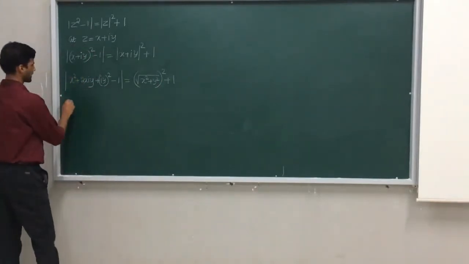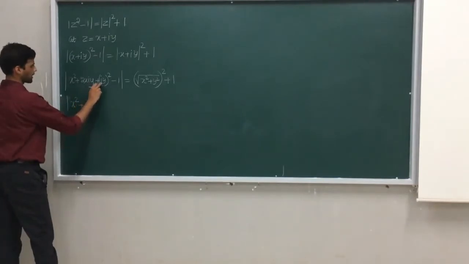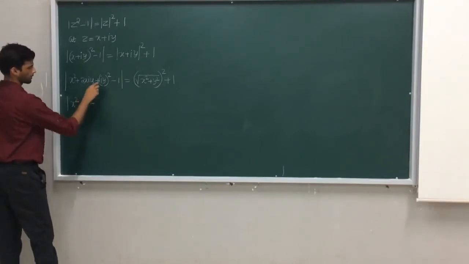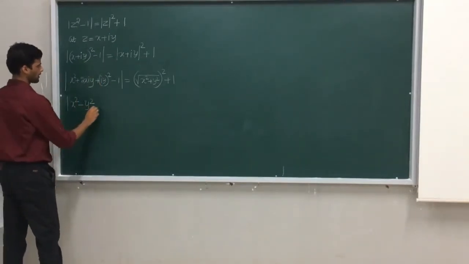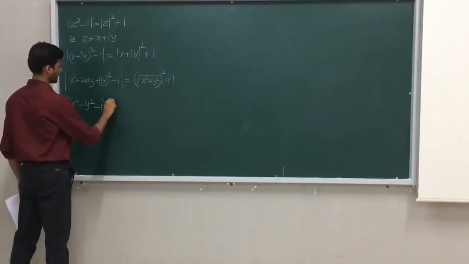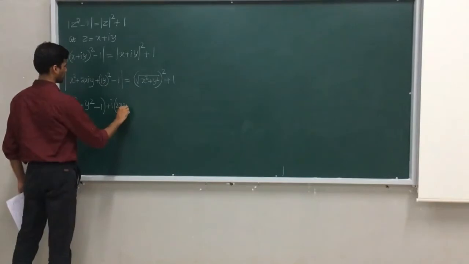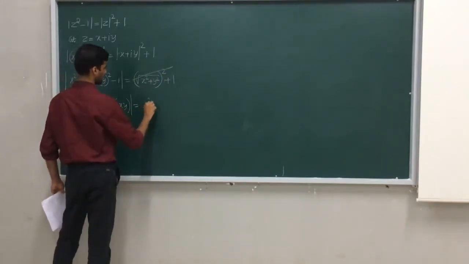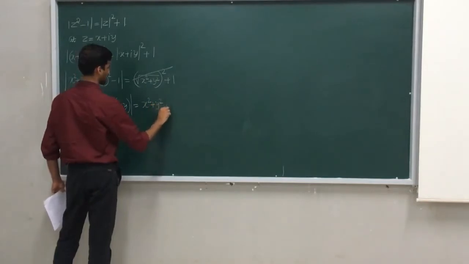So then i² is nothing but −1. So it is x² − y² − 1, and I made the 2xiy term i common, writing it as 2xy. The square root and the square got cancelled, leaving x² + y² + 1.